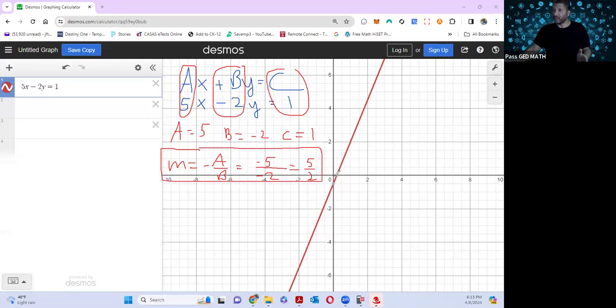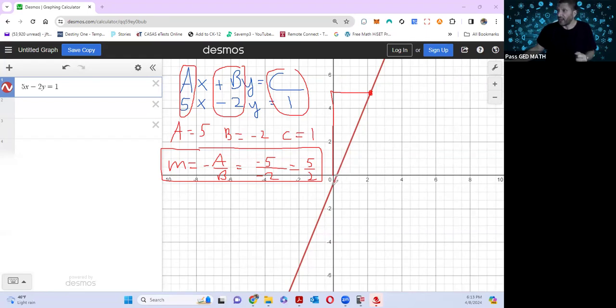So that means if I go up 5, 1, 2, 3, 4, 5, over 2, 1, 2. Am I on that line? Mm-hmm. That's what the slope is. If I go up 5 and over 2 again, I'm going to be on that line. If I go down 5 and over 2, I'm going to be on that line.